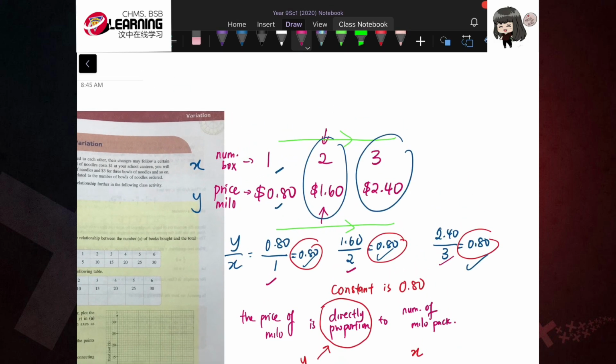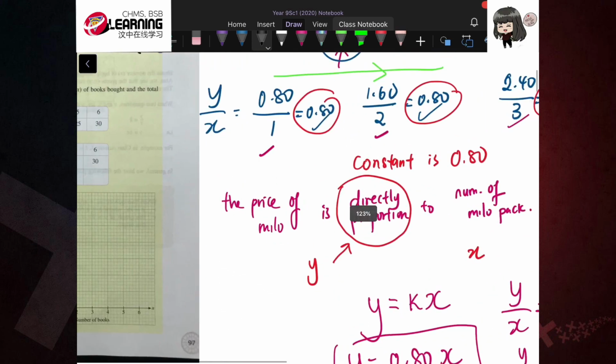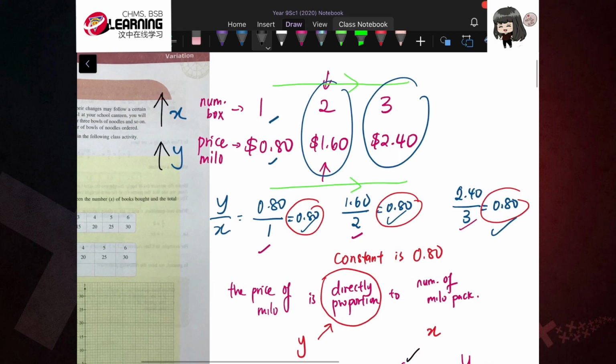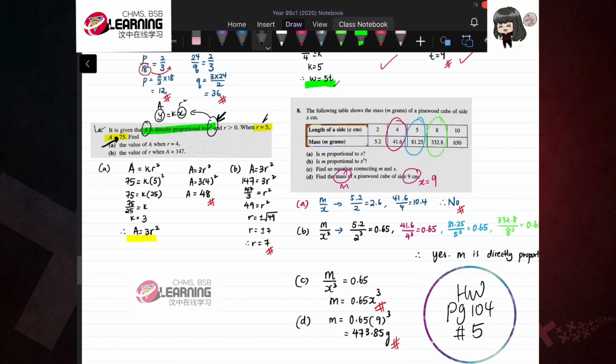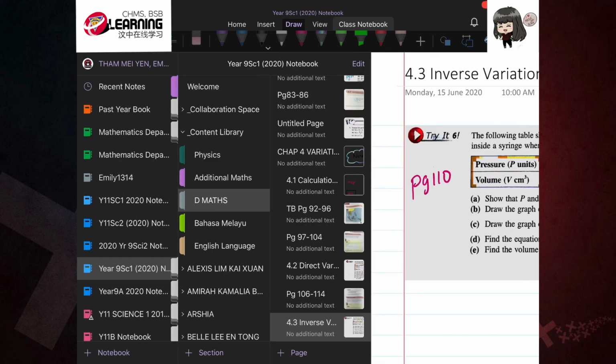In direct variation both x and y increase: when x increases, y increases as well. And we have the constant k, where y equals k times x. So how about inverse variation? I'll give you an example of inverse variation.